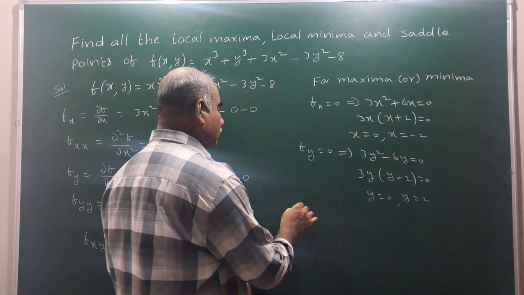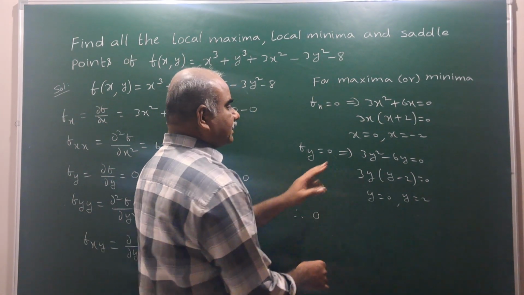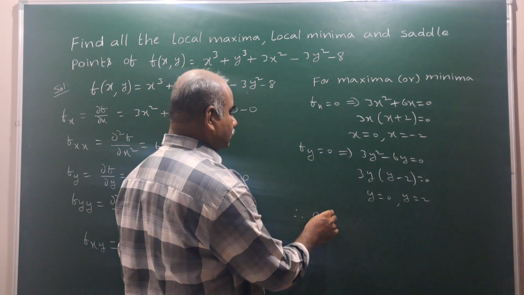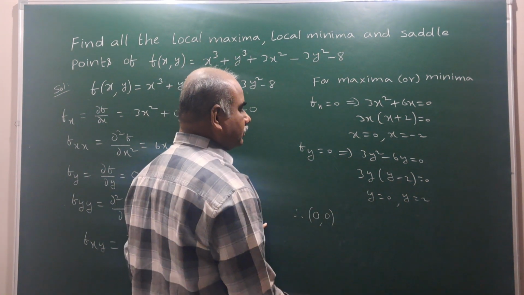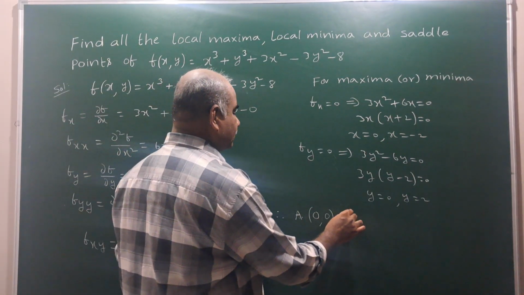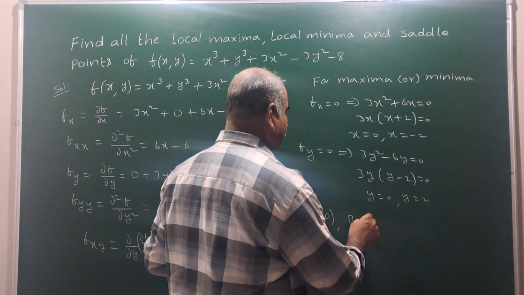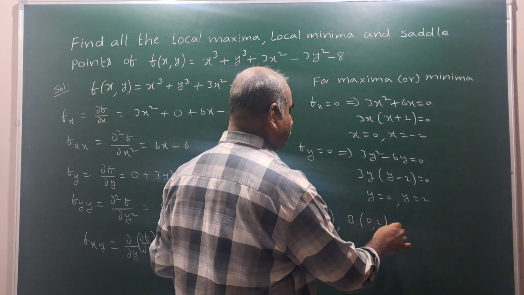Okay. Therefore, we have the points like this. x equal to 0, y equal to 0. This is one point, (0, 0). Let us say this is A. Okay. Second one, B: x = 0, y = 2, that is (0, 2).